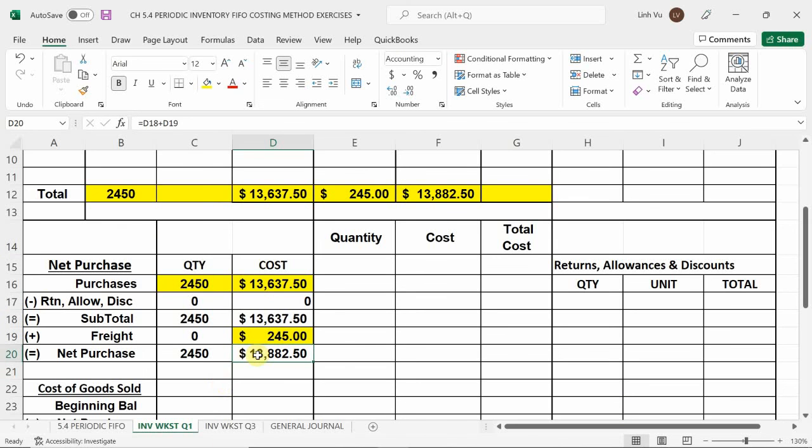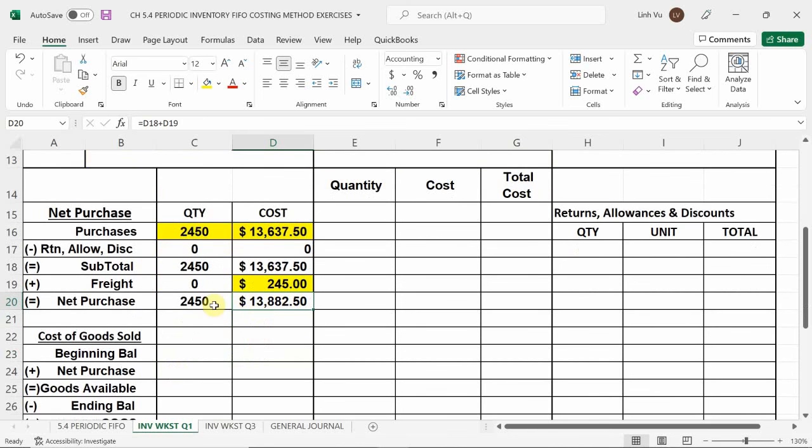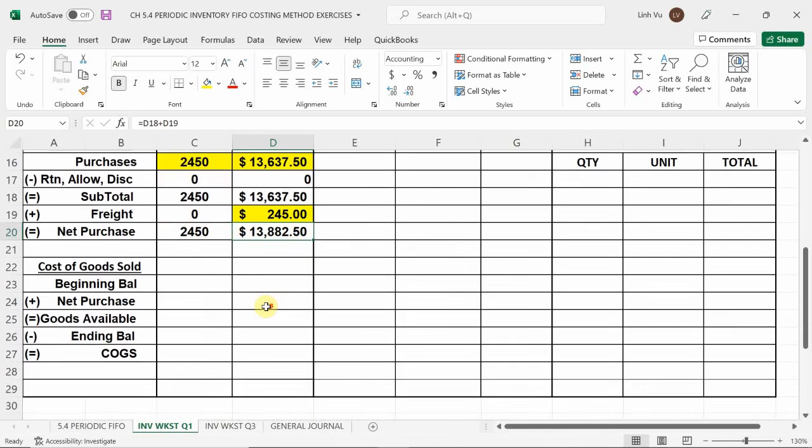Okay? Now this number doesn't technically come from this number, but it is definitely a good way to give a reference. Now, if you end up having returns and allowances, of course this number is not going to be the same as this number. Okay? Right? So there's that right there.